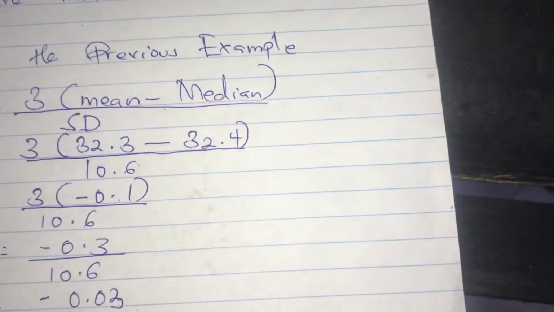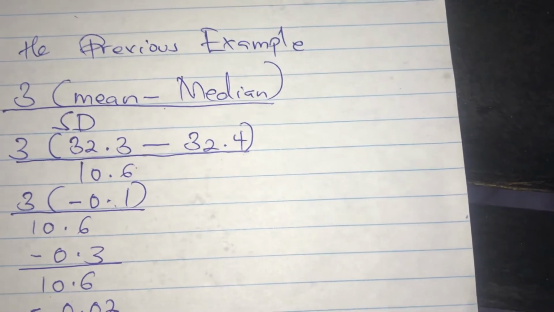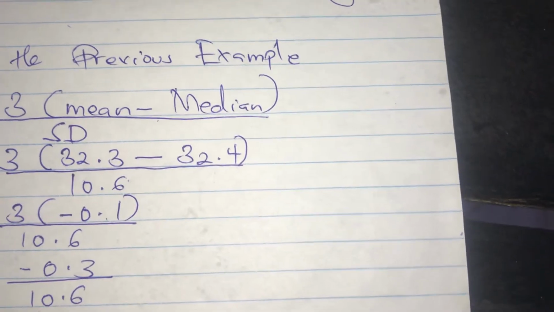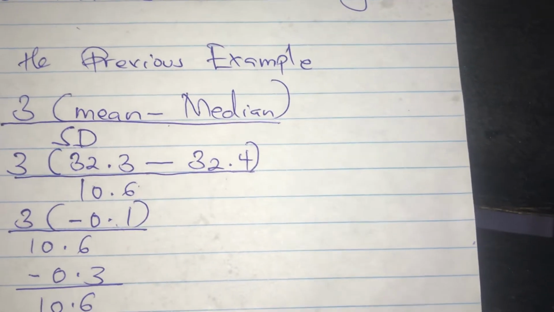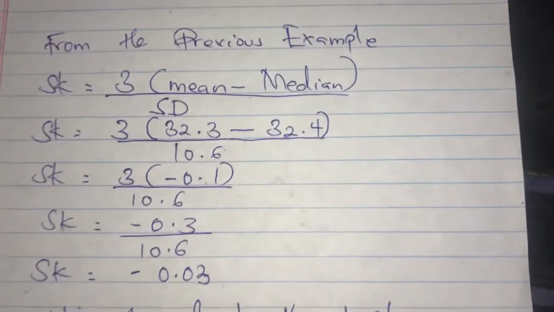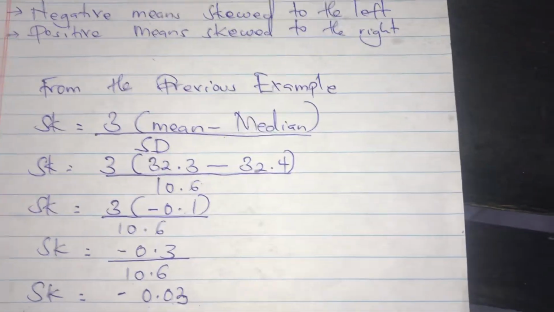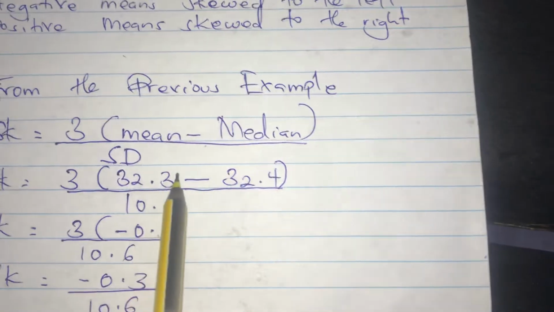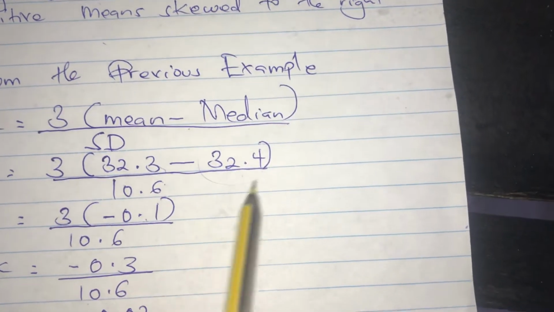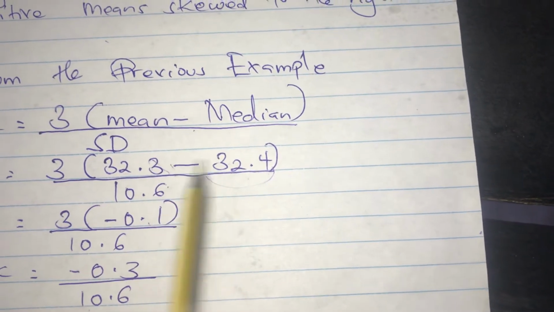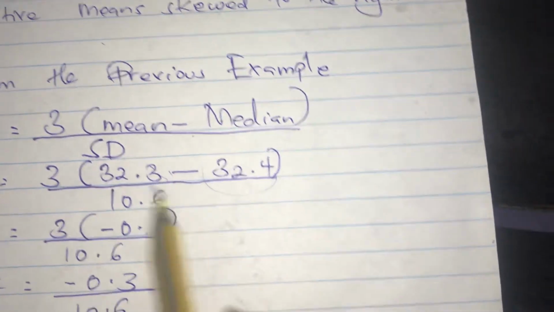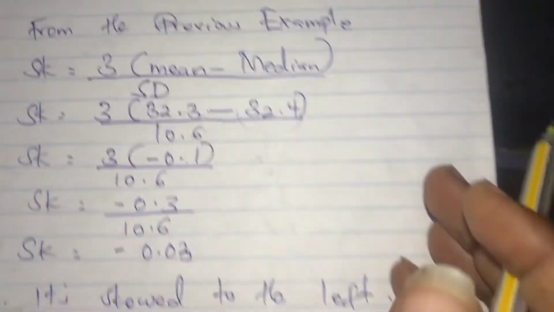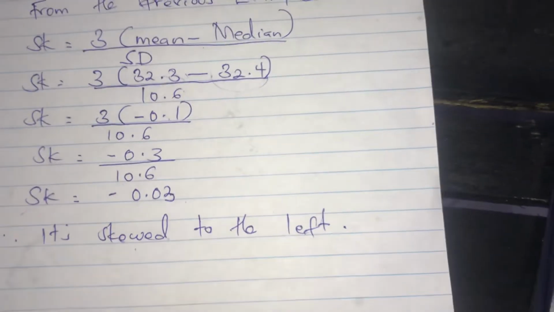And it is negative, meaning that it is skewed to the left. And we said for negative skewness, it is when the mean is less than the median, and according to this, our mean is less than the median, so we had to get a negative data distribution. And that is an example about skewness.